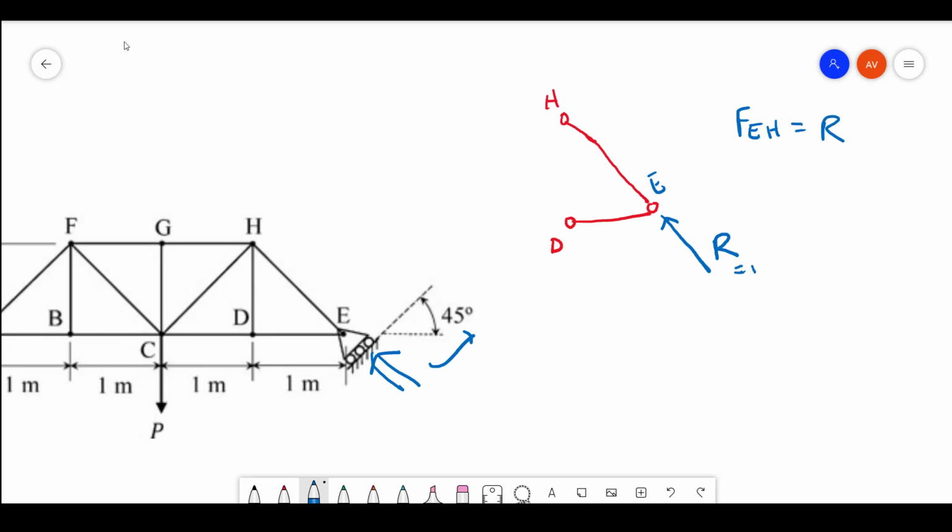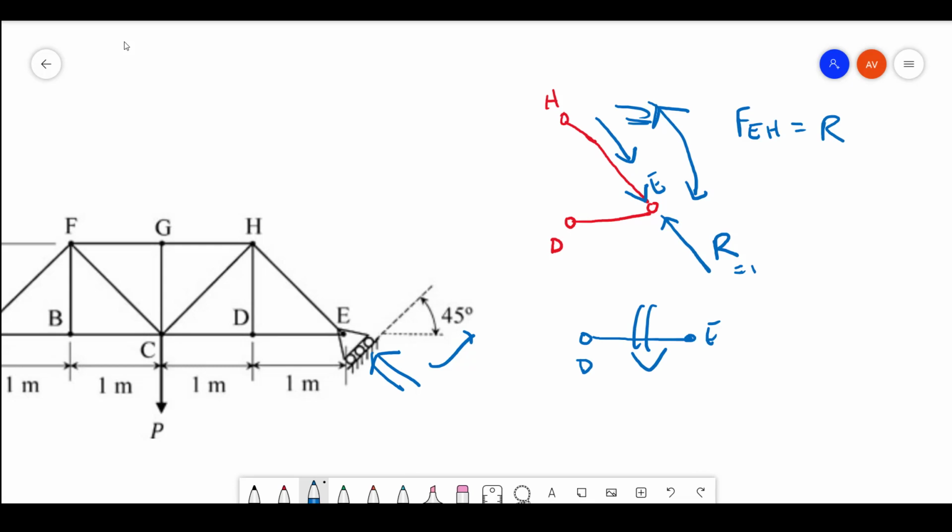Let's say it is in the opposite direction, like this. Since this element is cancelling the effect of the support reaction, there is no need for a third member here because there is no force to balance out. So the force in your DE is also 0.